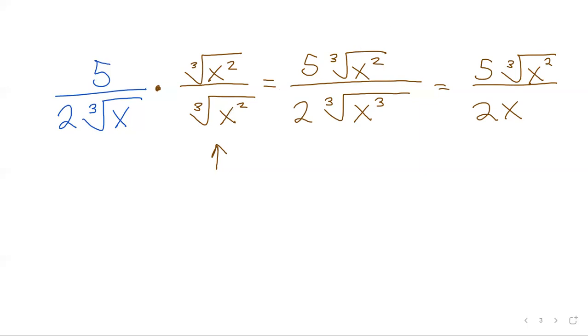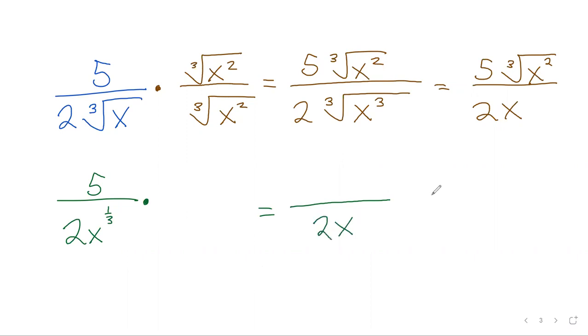There's another way of looking at this, either to understand it or just another way of actually doing it, with fractional exponents. So I want to show you what that looks like. So I'm going to write this as x to the 1/3. I'm going to do the same process here. And what we want to end up with in the denominator is just 2x, right?